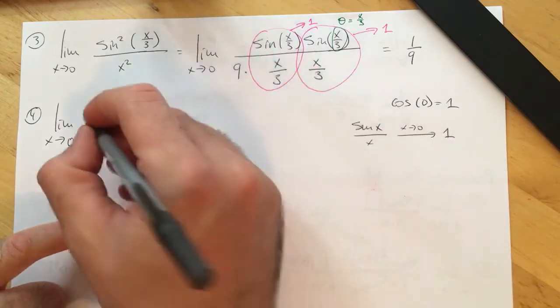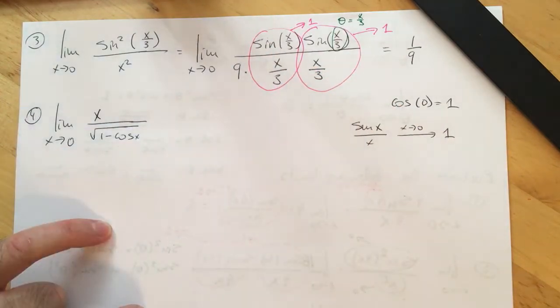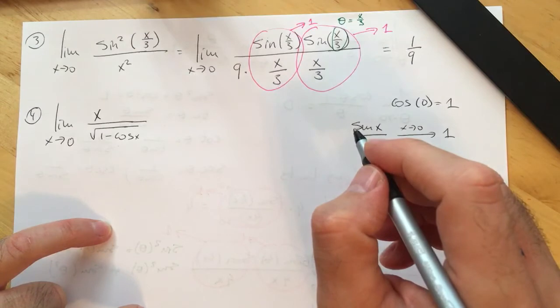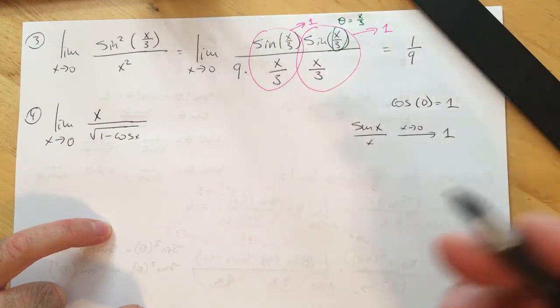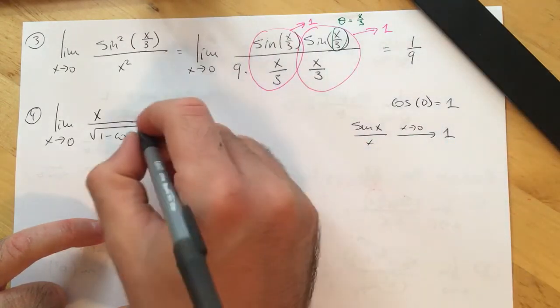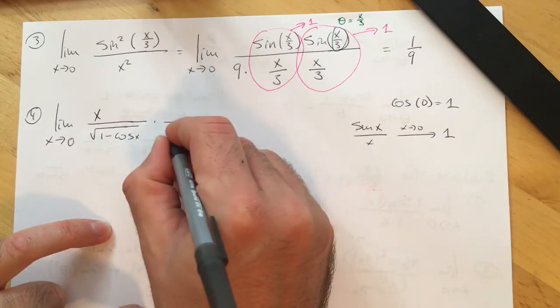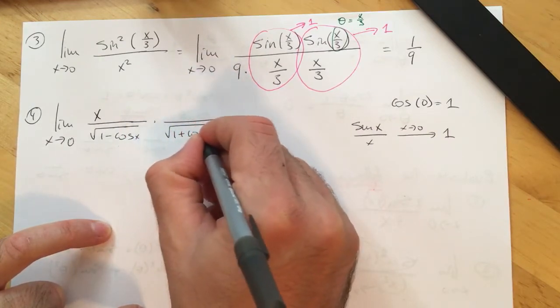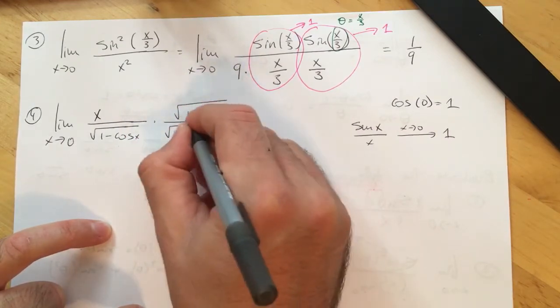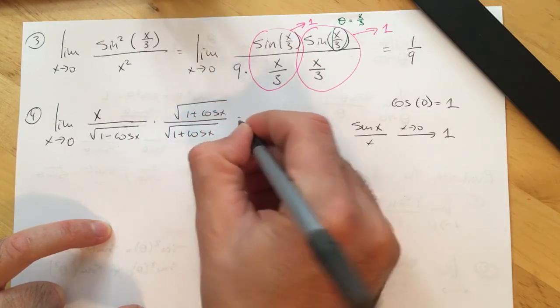But you can try that and you'll see that you're going to end up with something that then you have to again do what I'm about to do. So here I multiply this by square root of 1 plus cosine of x, square root of 1 plus cosine of x, and now you will see why.